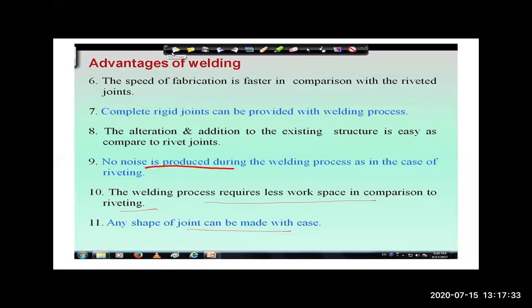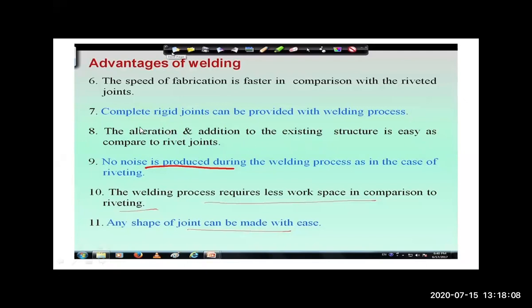Between welded and riveted, the welded is better, and compared to welded, the bolted is better for alteration purposes. For alteration and addition of an existing structure, first we choose the bolted connection, second the welded connection, and third the riveted connection.